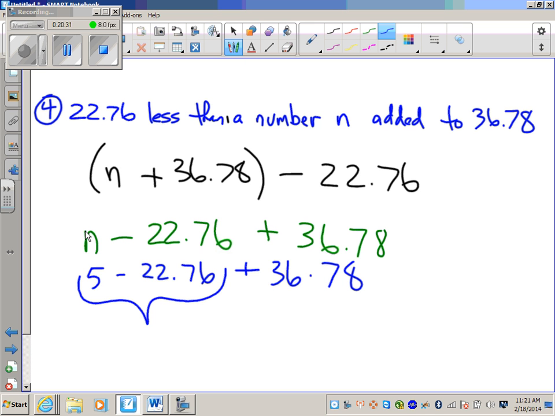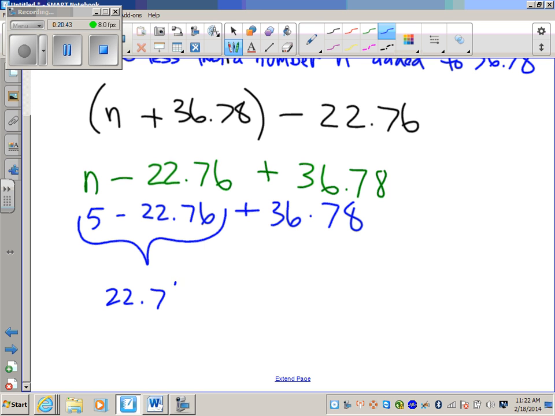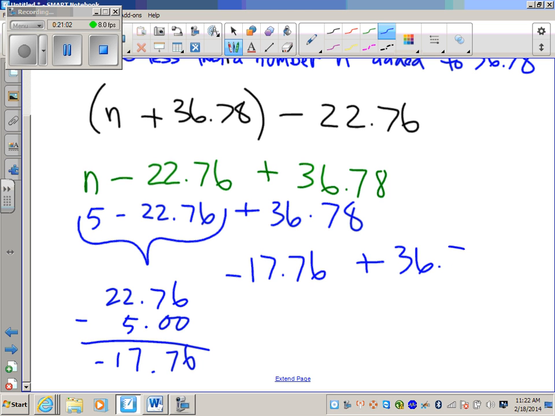Which is possible. Okay? I'm just not so sure it's going to be the easiest for you. Now, essentially what you'd be doing is subtracting and getting a negative 17.76, and you have negative 17.76 plus 36.78.